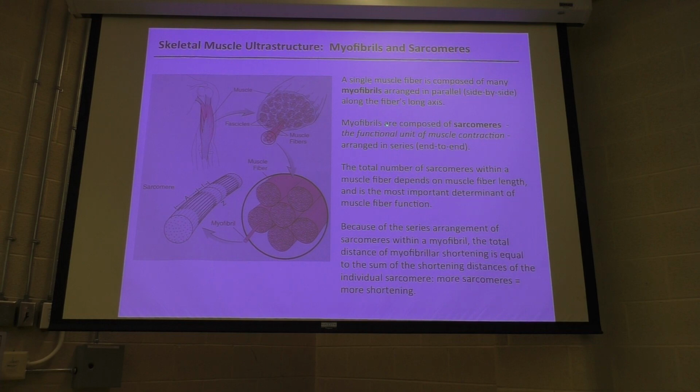We will now talk about the actual contraction, or the site of contraction, the sarcomere. So the sarcomere is where the actin and myosin proteins live, and they're placed in parallel like this along the length of the bundle.